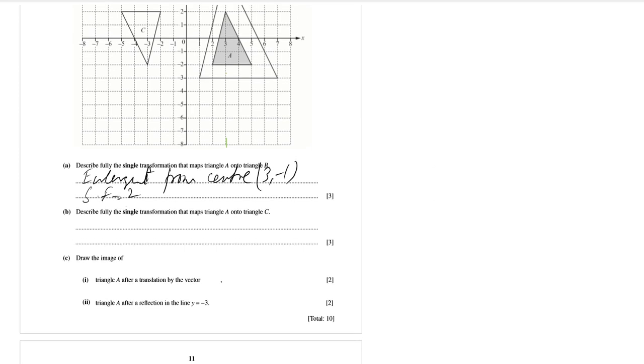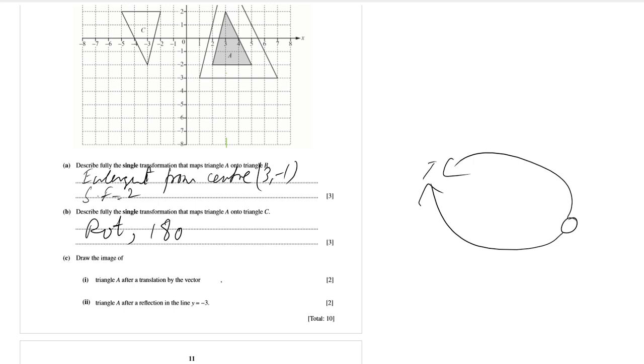So you can say it is rotation, 180 degrees. No need to mention clockwise or anti-clockwise, because if you are moving 180 degrees, this is your object, this is your image, it doesn't matter which direction you come from, you will be in the same place. So it is rotation 180 degrees about the origin.